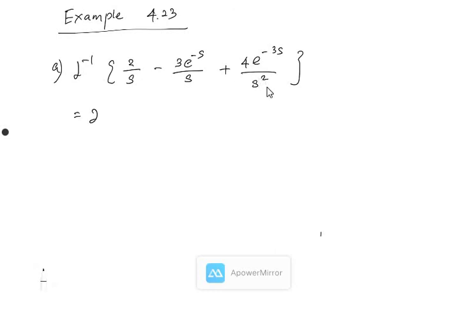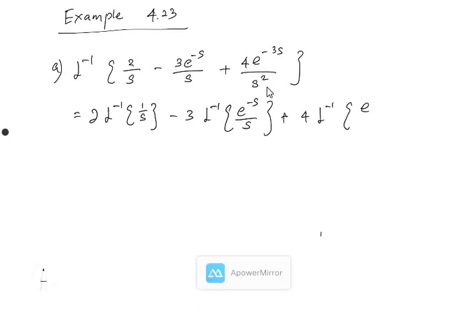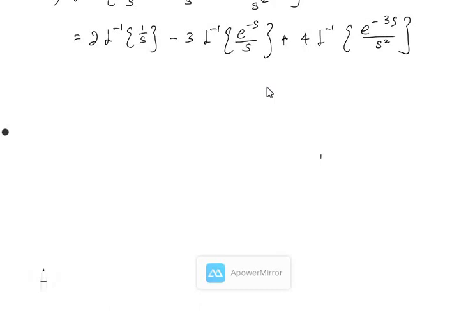So we take out the 2, then the inverse Laplace transform of 1 over s minus 3, again a constant, then the inverse Laplace transform of exponent minus s over s plus 4, inverse Laplace transform of exponent minus 3s over s squared. And then we use the second shift theorem, following the steps like the formula I showed you just now.